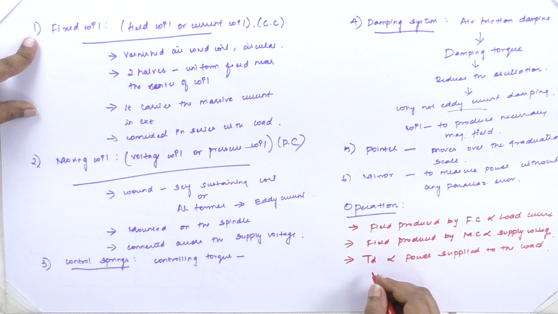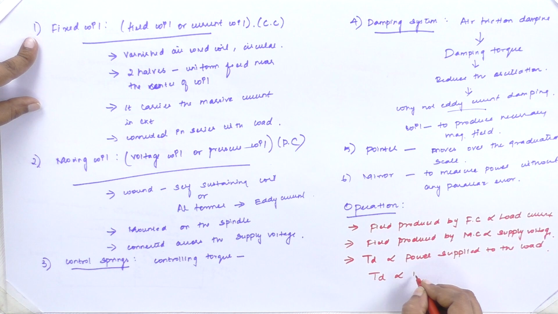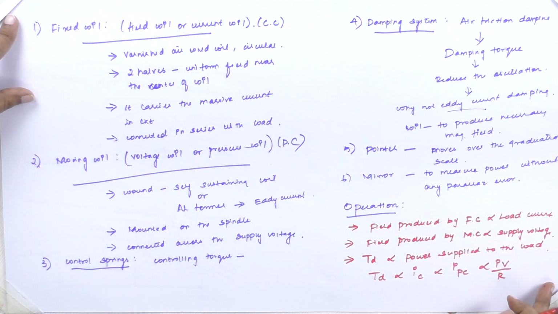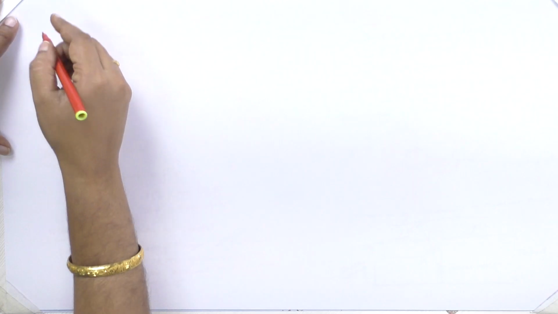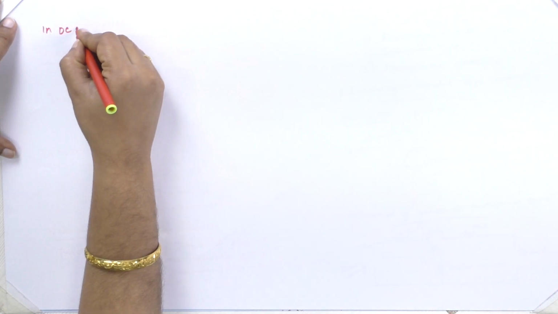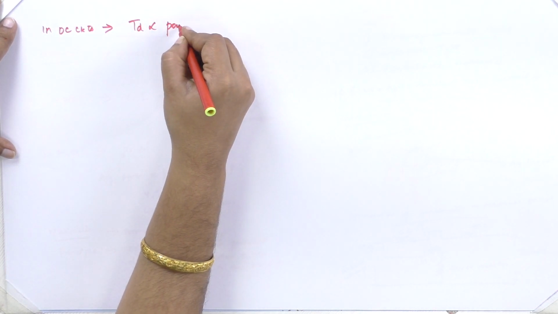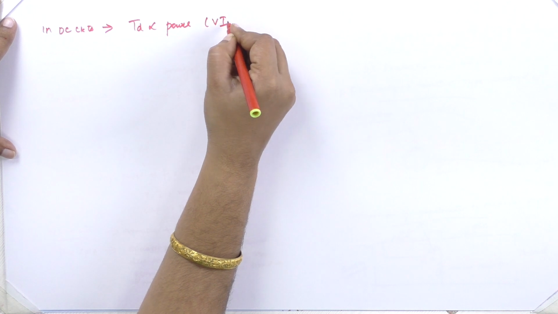So, we can say that the deflection torque TD is directly proportional to the current through the current coil or the fixed coil, which is proportional to the current through the pressure coil or voltage coil IPC, which is proportional to V by R, that is the total voltage divided by the series resistance. So, in DC circuits, the deflection torque produced will be directly proportional to the power, which is given by V into I.